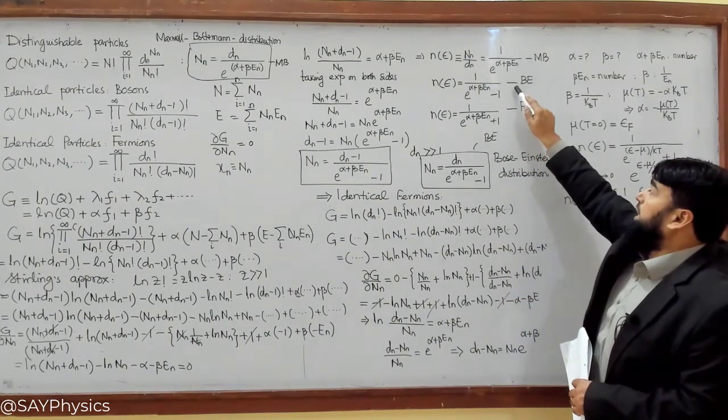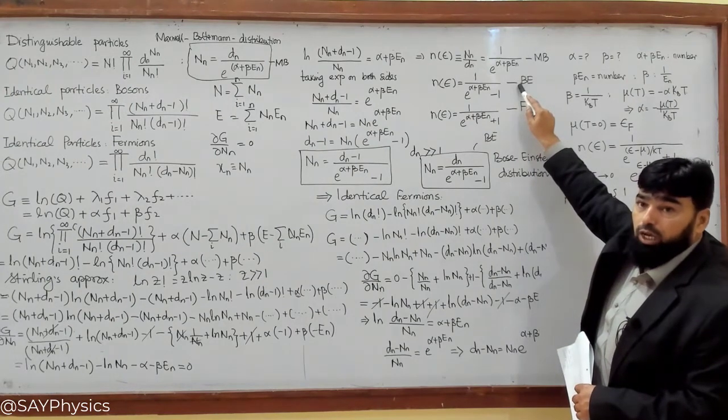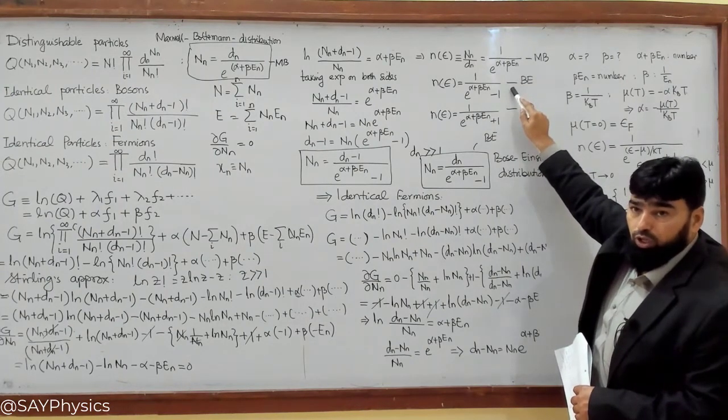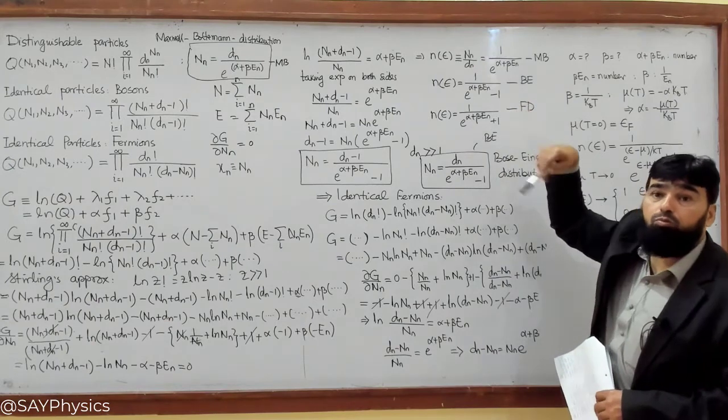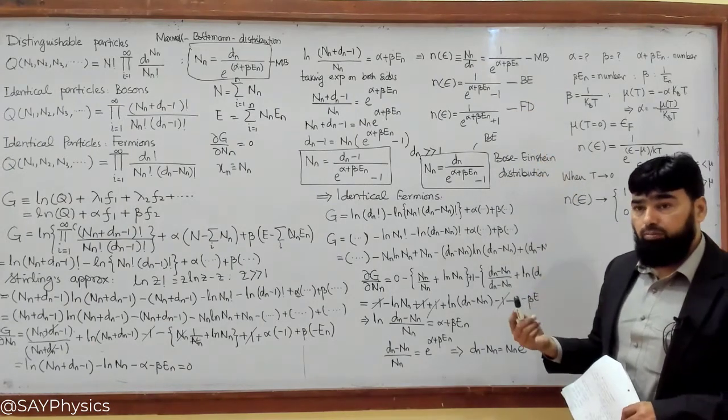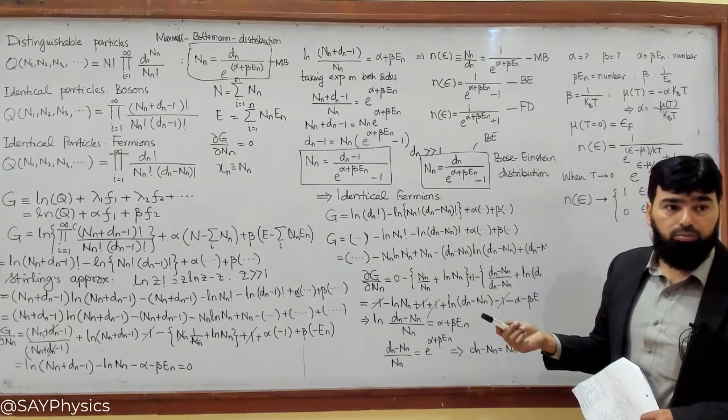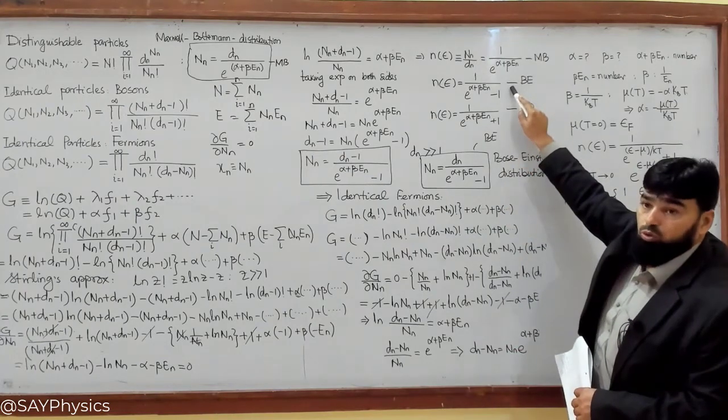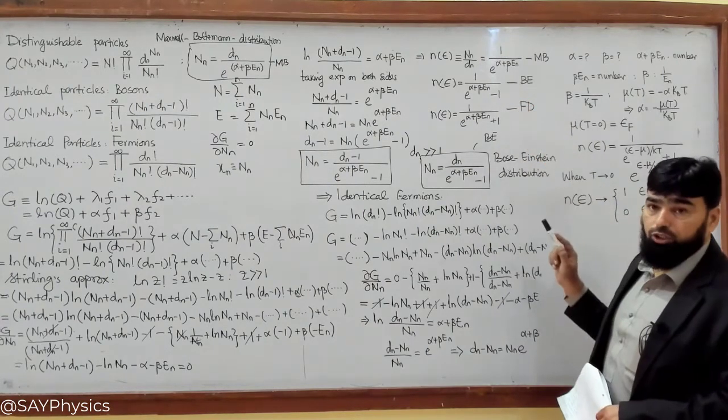We are having the photons, we are having the bosons, we are having helium-4, like the helium atom. Helium-4 is the helium atom. Helium atom is a boson. Okay, it is having integral spin. It is not having half integer spin.